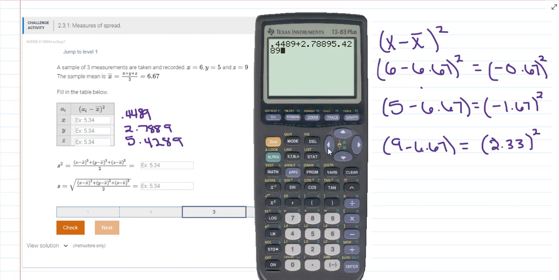Okay, need a plus sign there. We have to type this in again. There we go. So we have each value, looks good. So we're adding all of that, and then we're dividing by 2. And why are we dividing by 2? So that's going to give us our variance, and then I'll answer that question I just asked. So 4 point, and now I'm going to round, so 4.33.